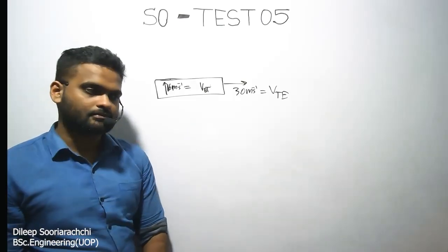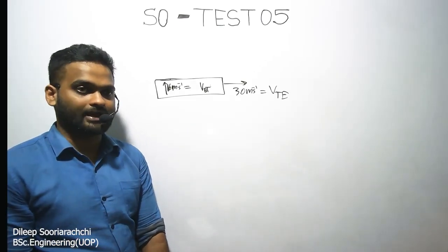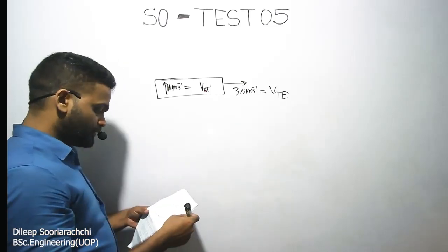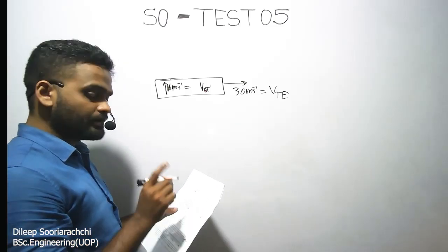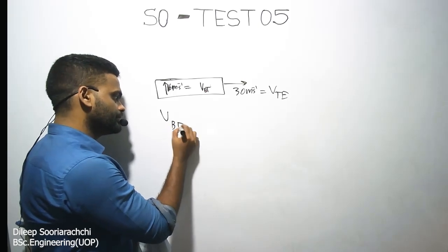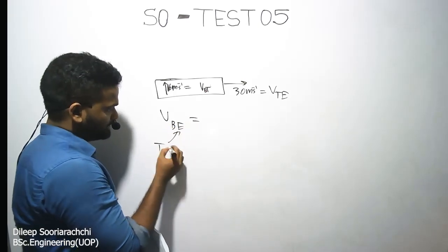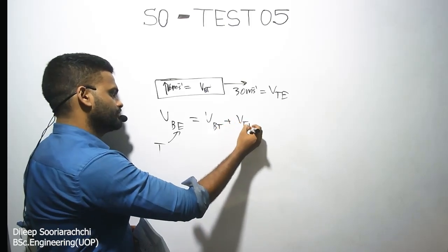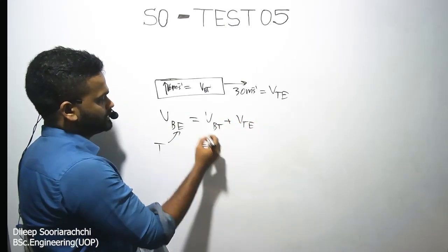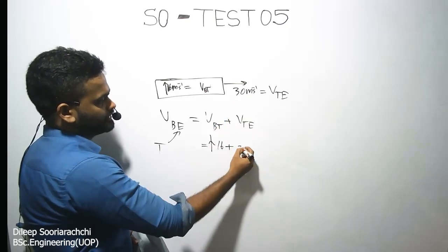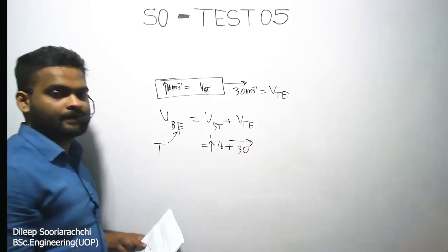Okay. So in those cases, you need to go for the basic equation. In the question they ask velocity of ball relative to earth. Velocity of ball relative to earth. Put capital T in between: VBT plus VTE. So what is BT? 16 upwards. TE, 30 to this side.